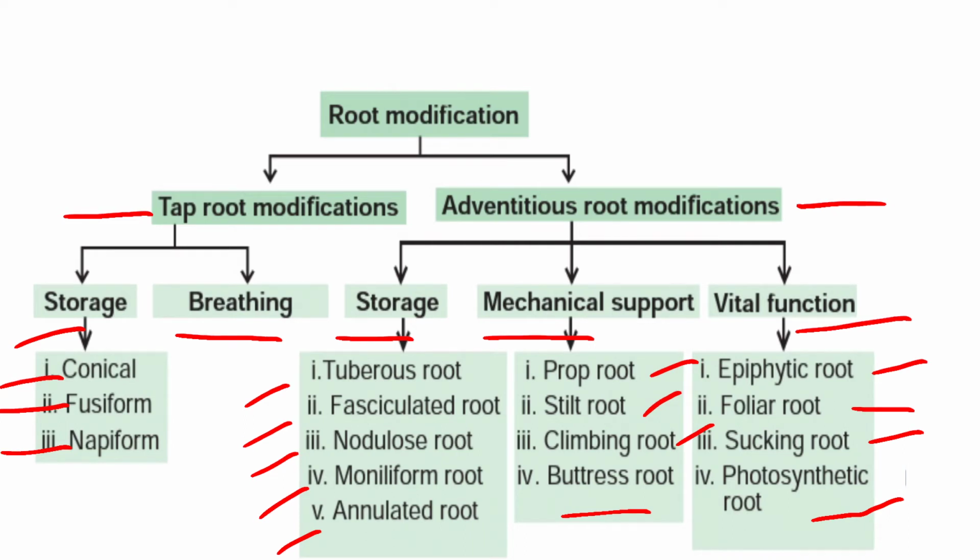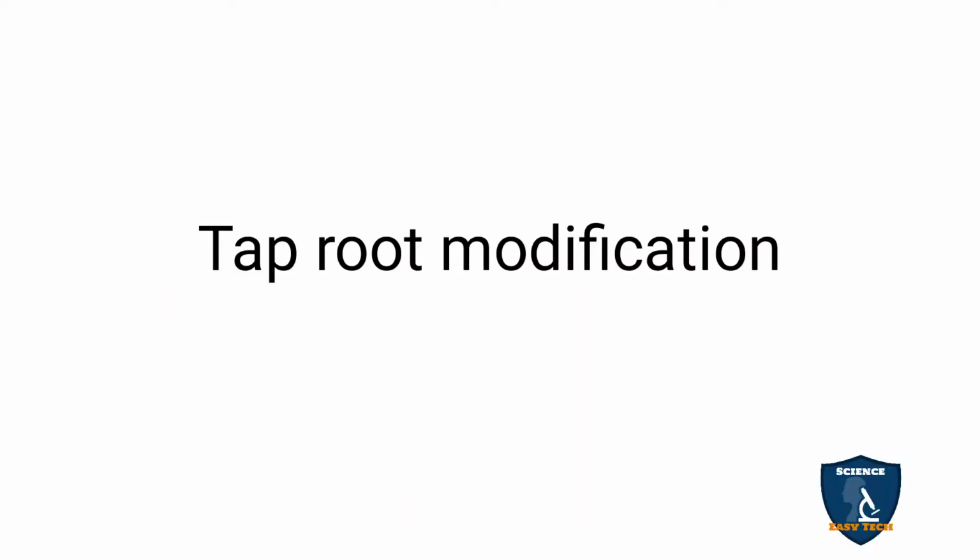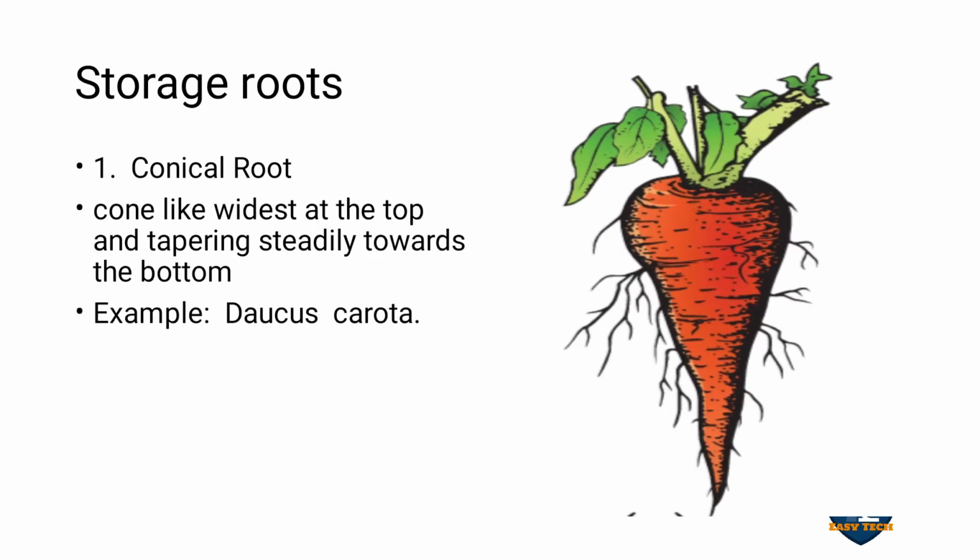And today we are going to discuss the taproot modification. First, storage. As the taproot modification is divided into two, storage and breathing, today we are going to see the storage. The storage is divided into three: conical, fusiform and napiform.